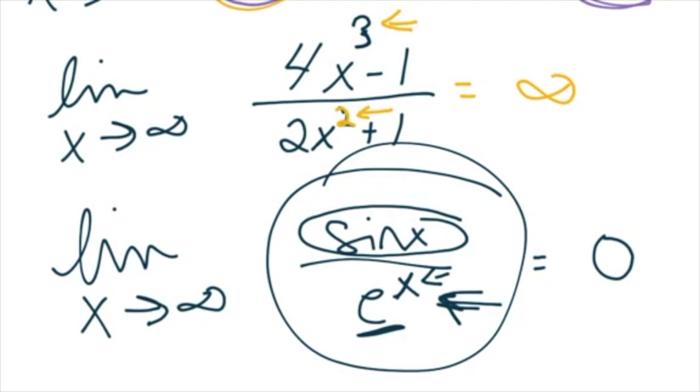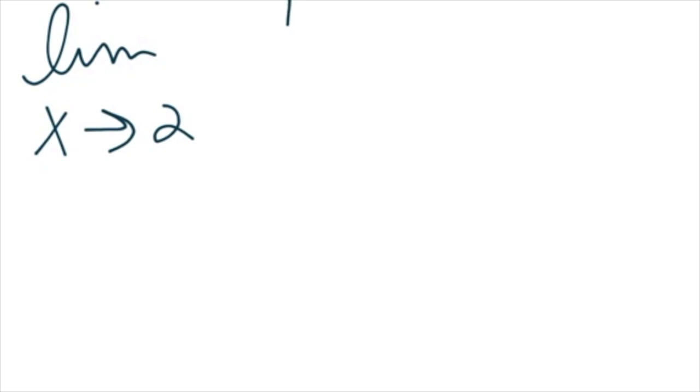All right, now we're not done yet, because what if you're going towards a number that makes 0 in the denominator, but a number in the numerator? So let's check out some of those. For instance, let's say x was going to 2, and we're just going to use 1 over x minus 2. Very boring, I know.